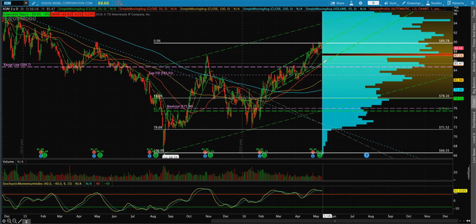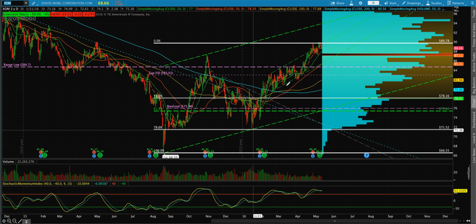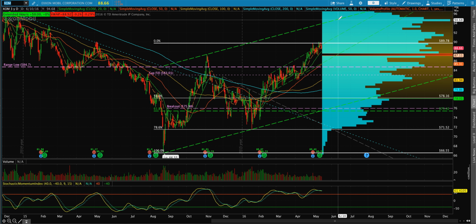If there's a pullback in Exxon, I'd be interested in selling out of the money puts in that area because I do believe that Exxon is going to see 100 again. I just don't know when. You can see we're in a bit of a channel here. It just seems to be doing the slow grind higher, and I expect that to continue. I would be a BTD guy there, meaning buy the dips in Exxon.